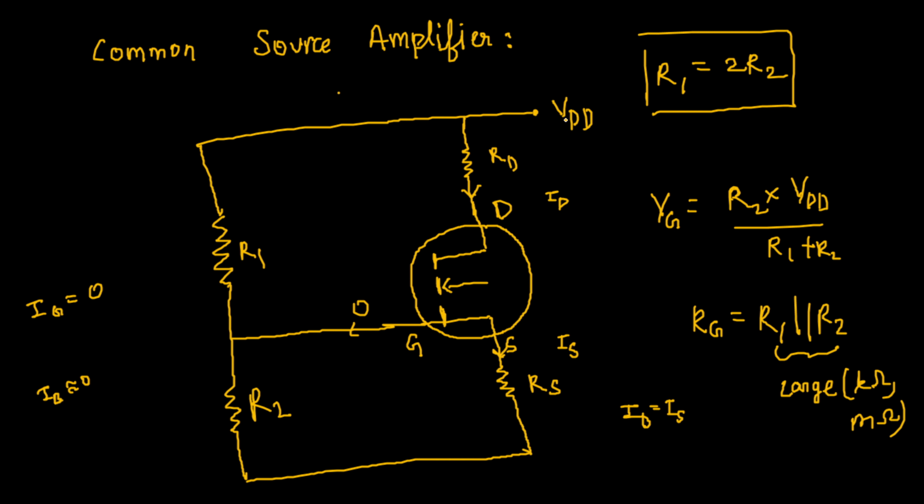So now let's try and simplify this. For the voltage at drain, we can see there is a potential drop across this resistor. So I can write VD as VDD minus IDRD, right?